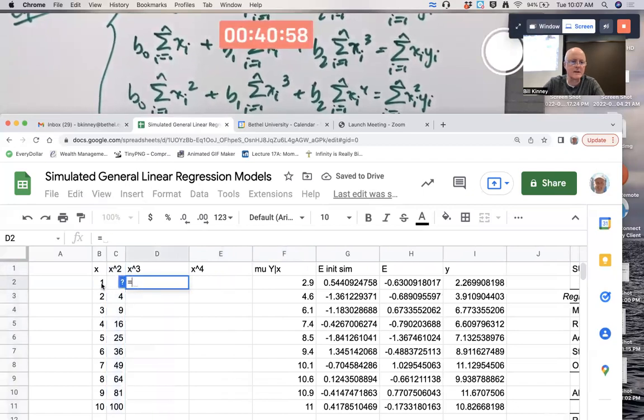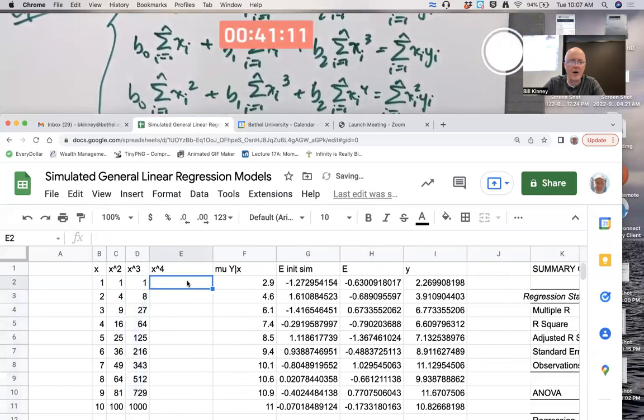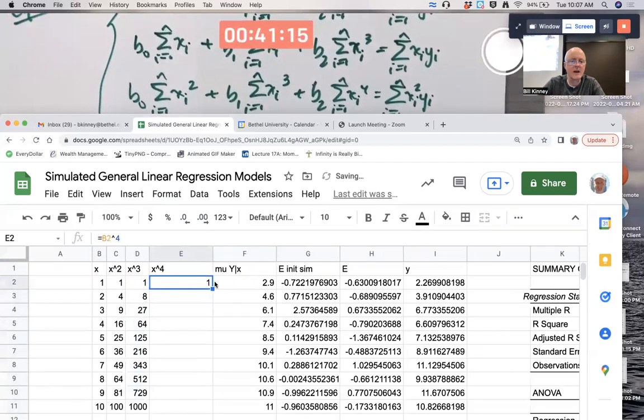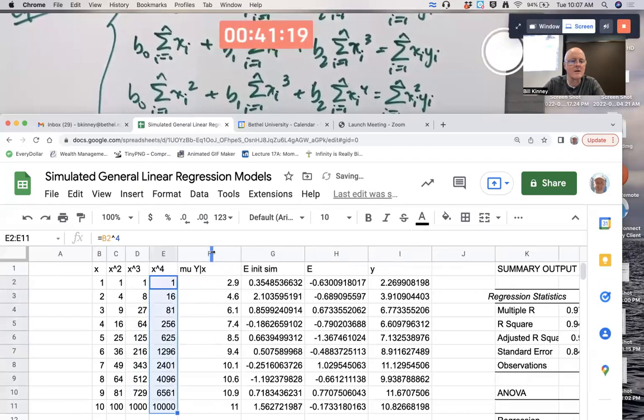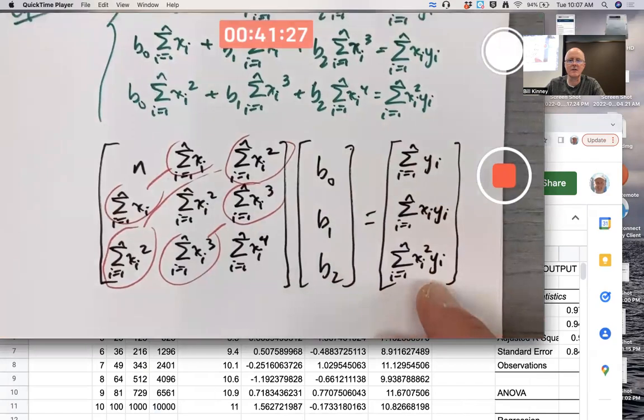How big will these numbers get? Well, 10 cubed will be 1,000. So, oops, forgot to cube it. Fourth power, x to the 4th power, 10 to the 4th power will be 10,000. What else do I need? I want to add up these summations as well.